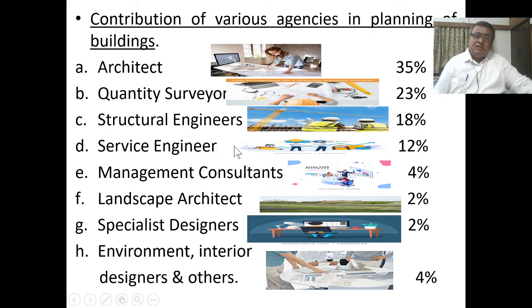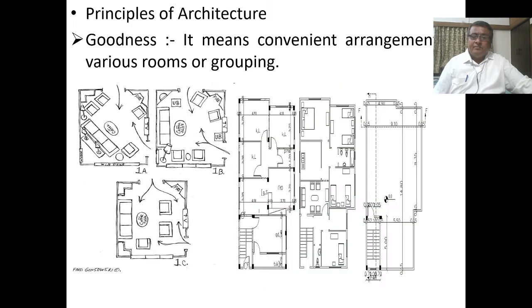Then the service engineer about 12%. Management consultants about 4%. Landscape architects up to 2%. Specialist designers 2%. Environment and interior designers and others contribute about 4% of the total planning of the buildings.